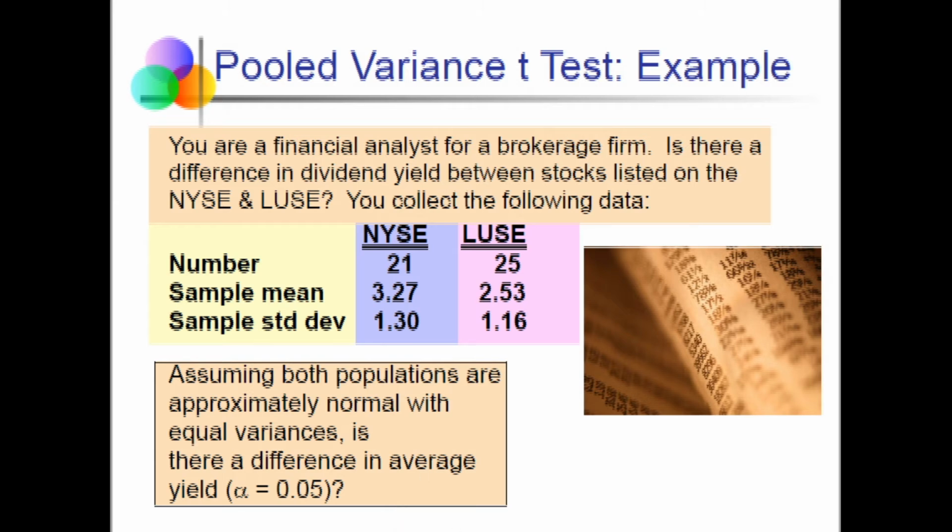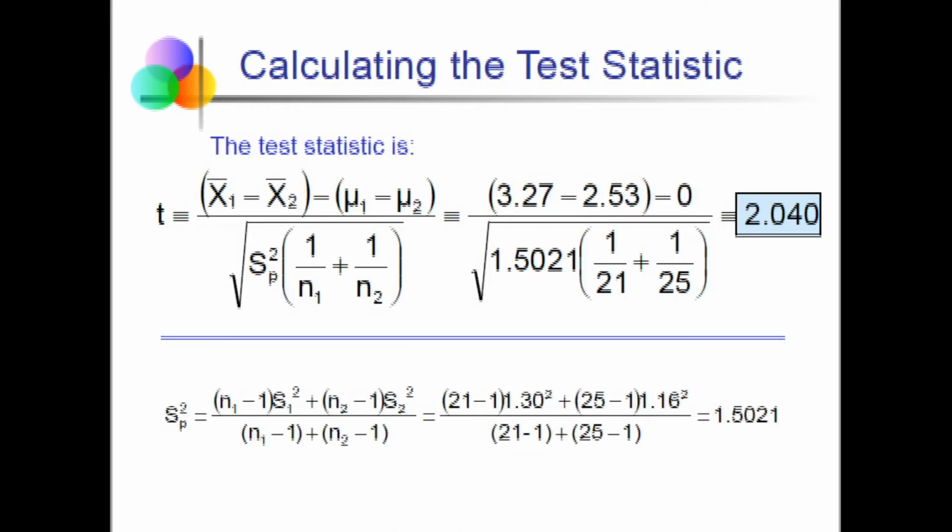So in this case, we have a difference in the means and also the hypothesized difference, which is just 0. We calculate the pooled variance in this manner, which is 1.5021. Then when we replace in our formula, we find that the t-value is 2.040.